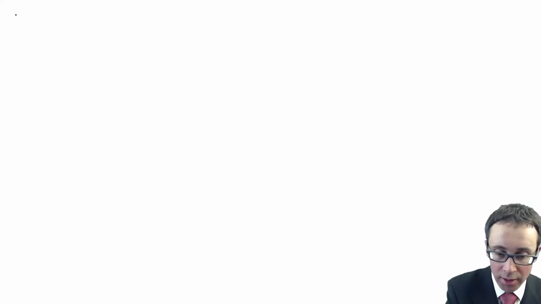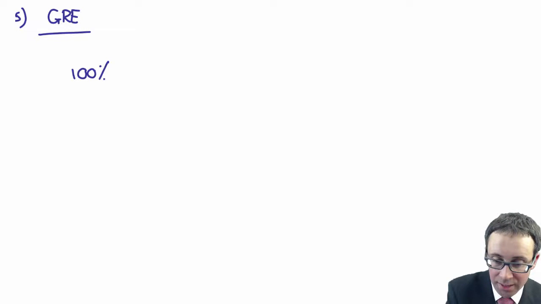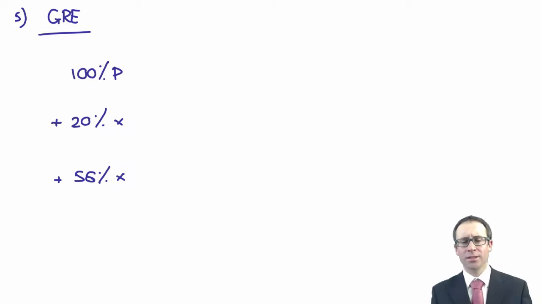If we begin to finish off the workings, we've got working number 5, your group retained earnings. So we start off there with 100% of P, to which we then need to add on 20% of S, and was it 56% of SS?